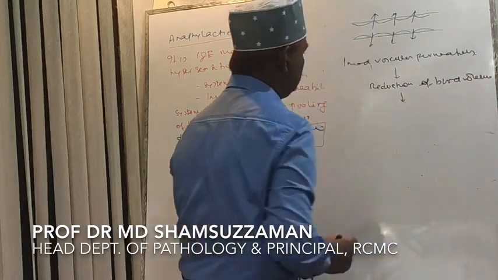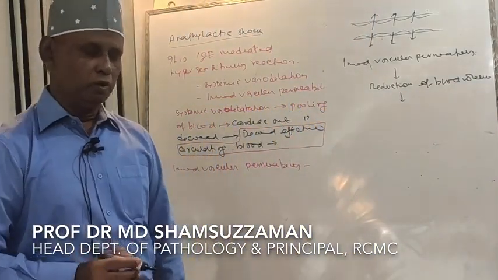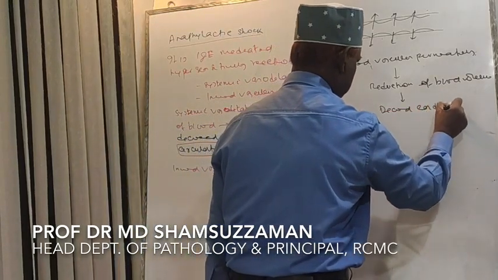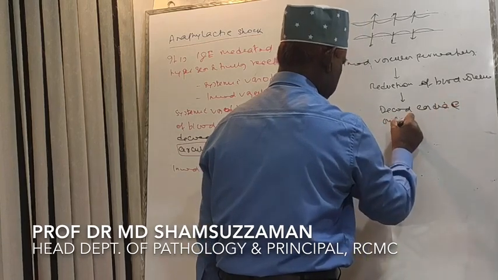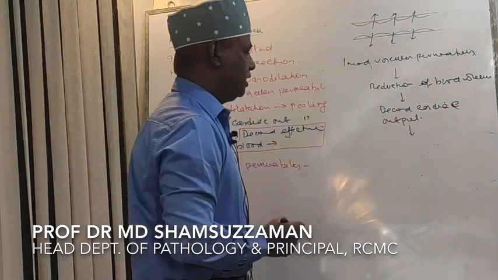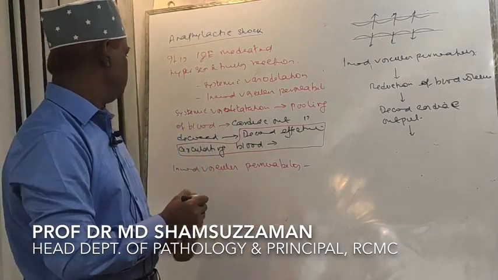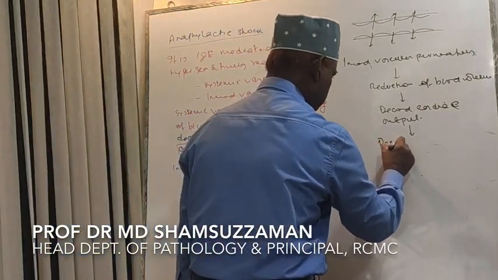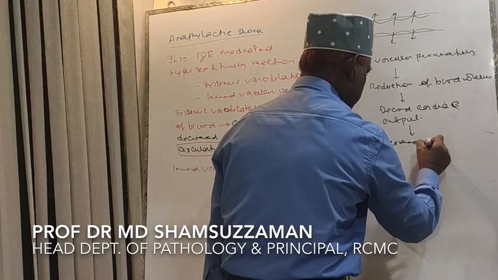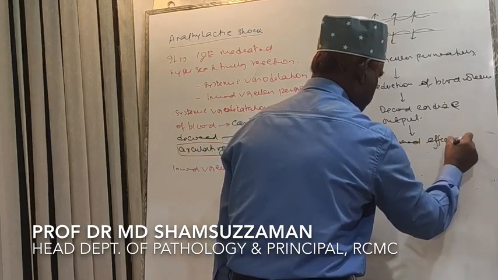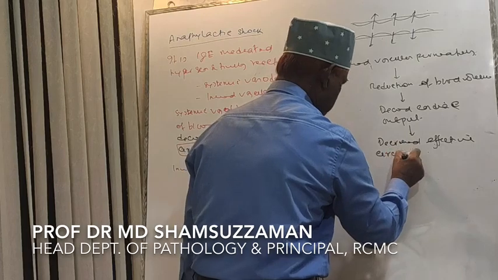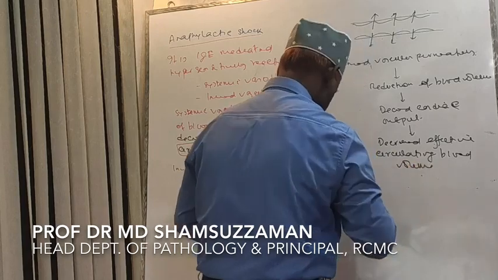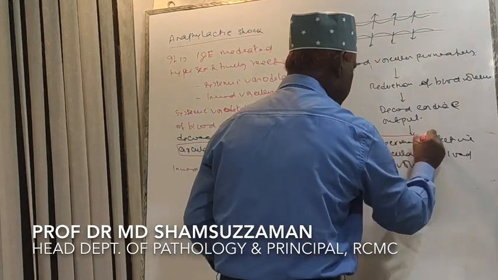As reduction of blood volume, there will be decreased cardiac output. As decreased cardiac output, there will be decreased effective circulating blood volume.